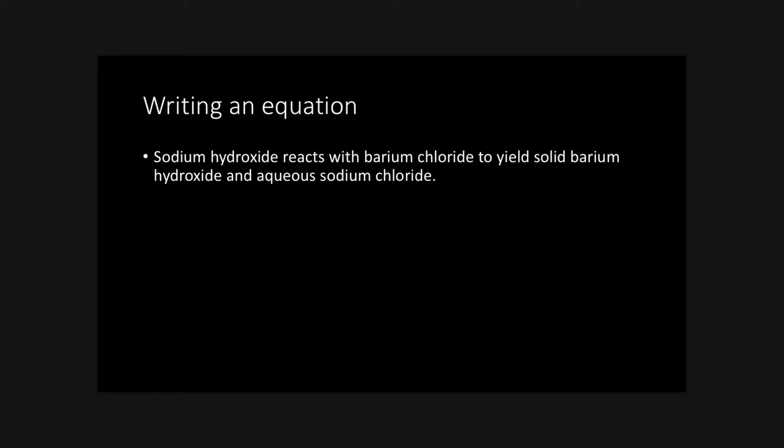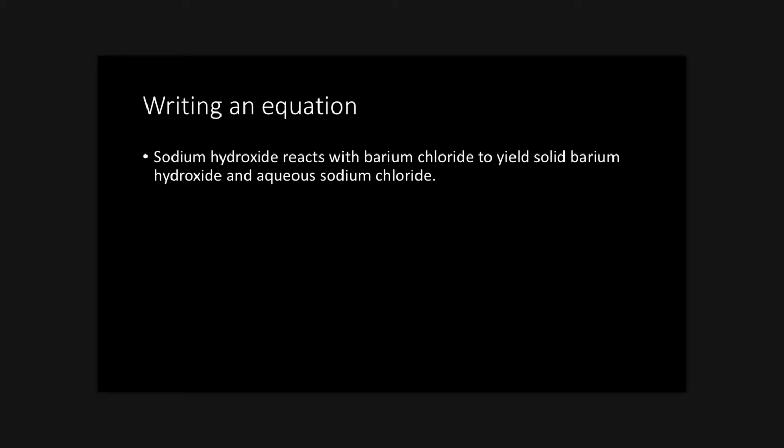The next type of problems involve writing an equation by reading the statement and then balancing it. So here's the statement for you. Sodium hydroxide reacts with barium chloride to yield barium hydroxide and aqueous sodium chloride. So when you read this problem, you have 2 things you need to do.